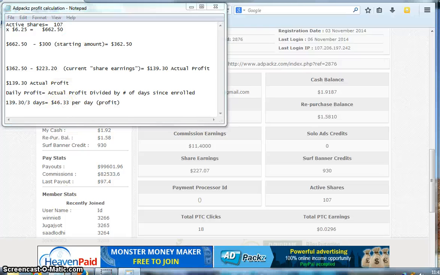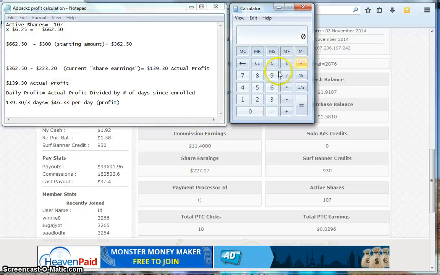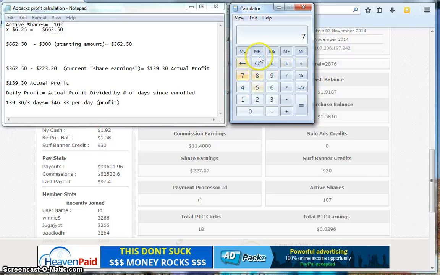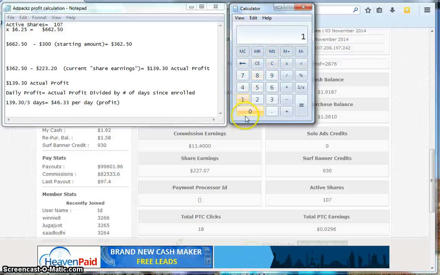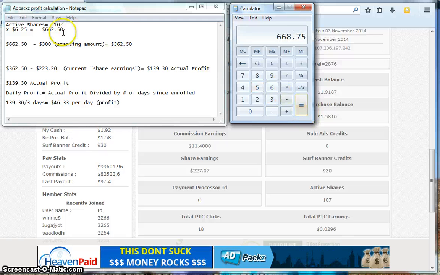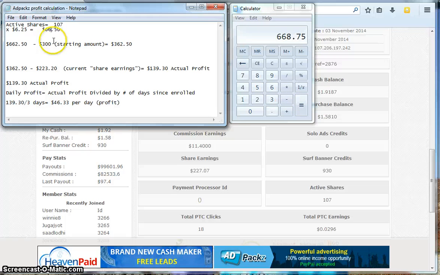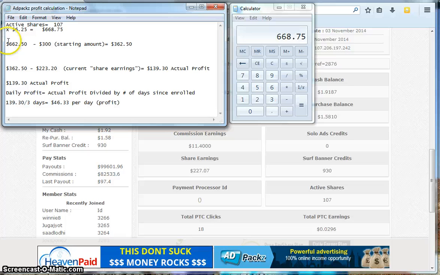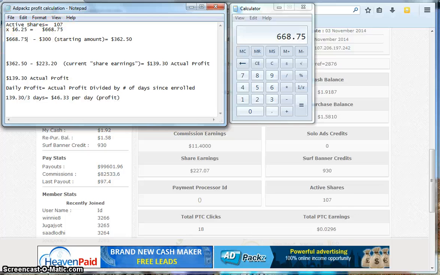Take 107 active shares, 107 times $6.25. That's the actual value once it matures. So that's going to come out to $668.75. So we'll put that there.